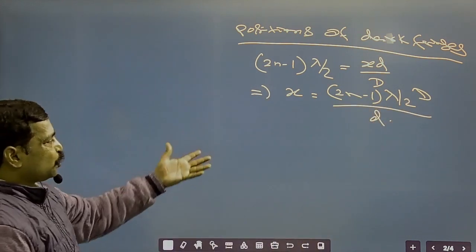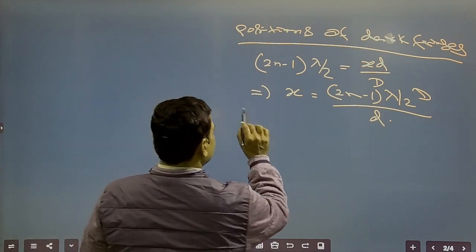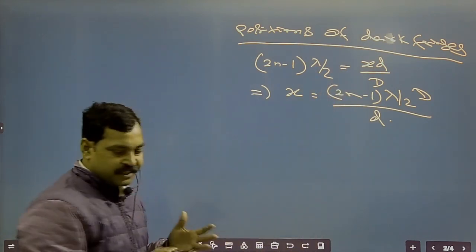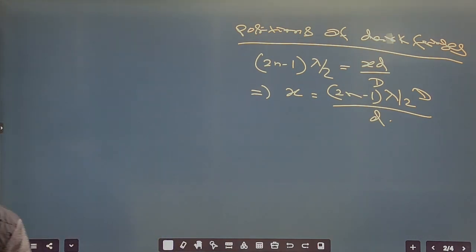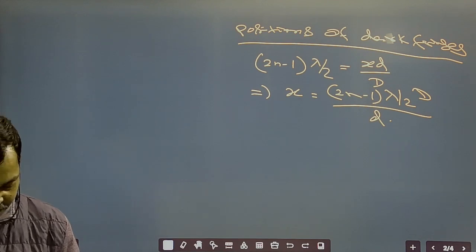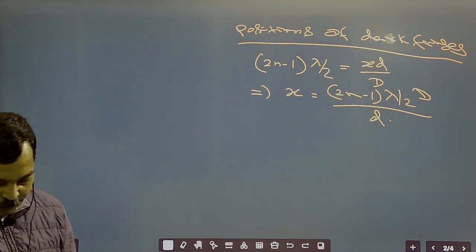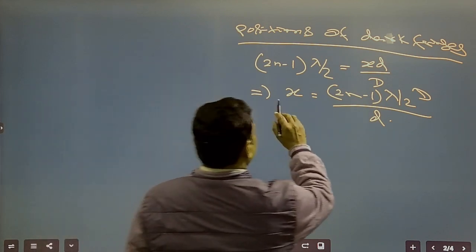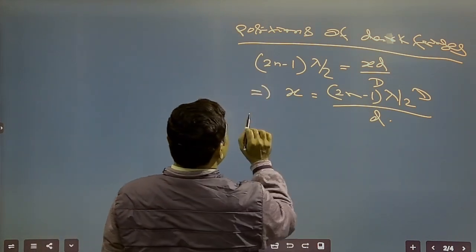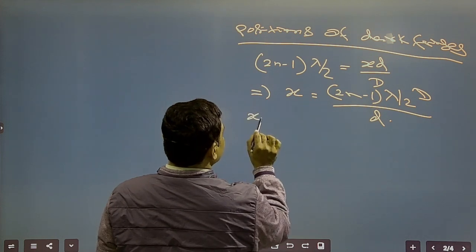So if we put the values, suppose the position of the first dark fringe, we can put the value accordingly, for n equal to 1, 2, 3. Suppose the first dark fringe is at a distance of x1 dash.